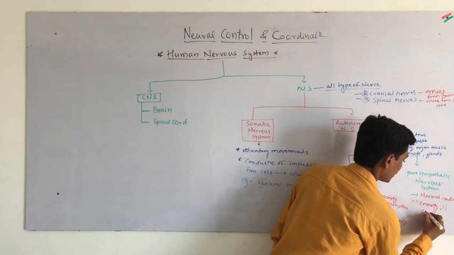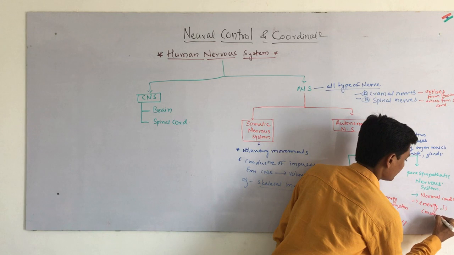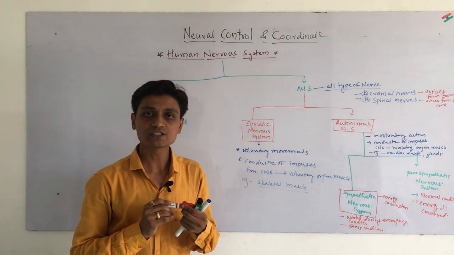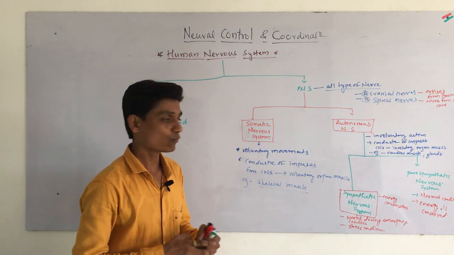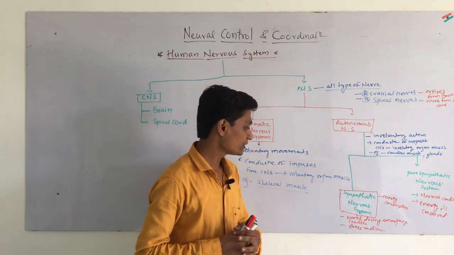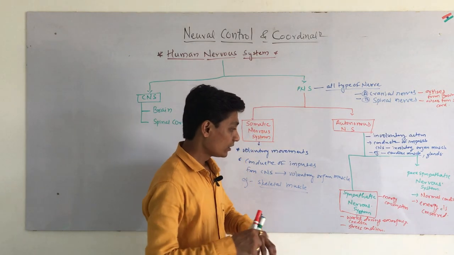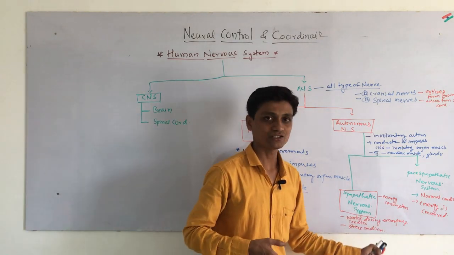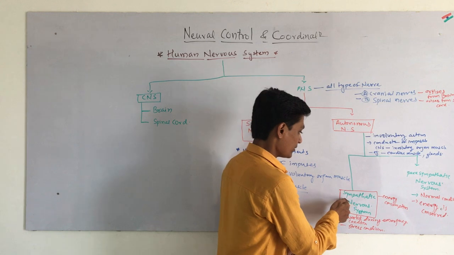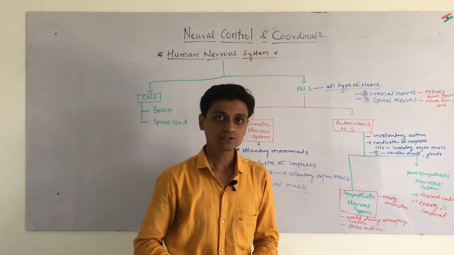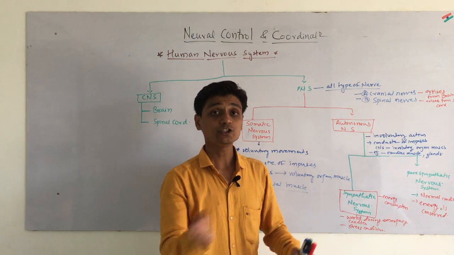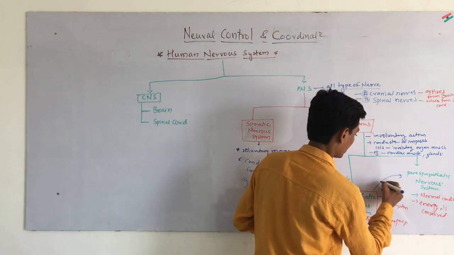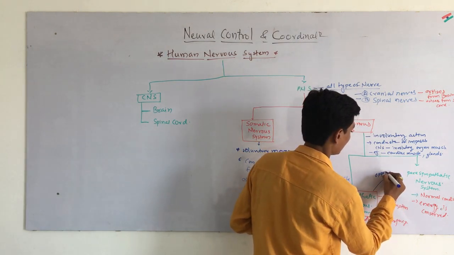So the parasympathetic nervous system is an energy conserving process, while the sympathetic nervous system is an energy consumption process. So the sympathetic and parasympathetic nervous systems work opposite to each other.